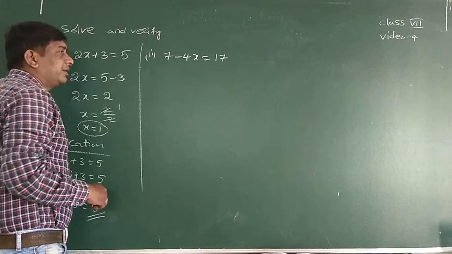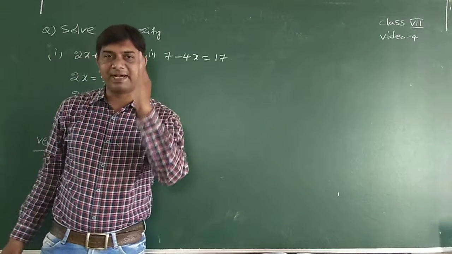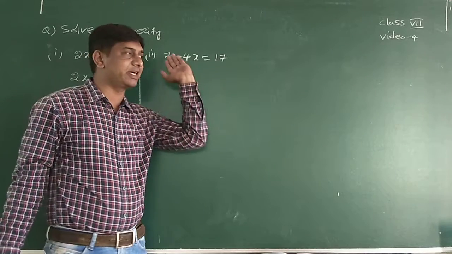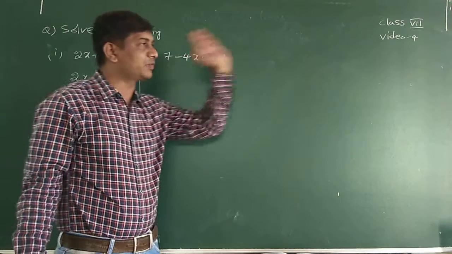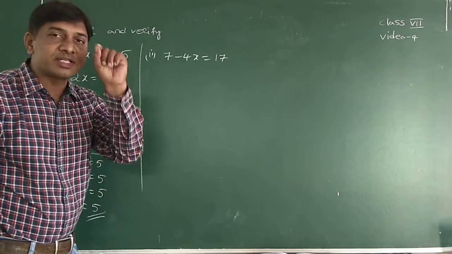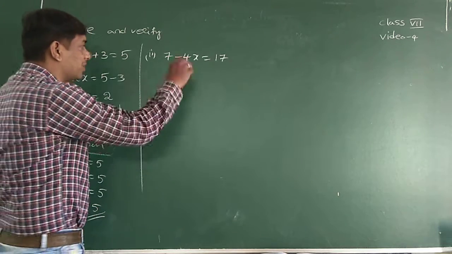See here, transpose the values. While transposing, first of all, the constant terms which are added or subtracted, those addition and subtraction values will be transposed to the other side. Whatever constant values are not combined with the variables, those we transpose.